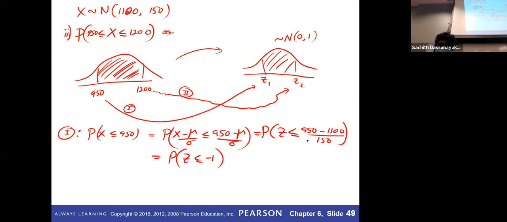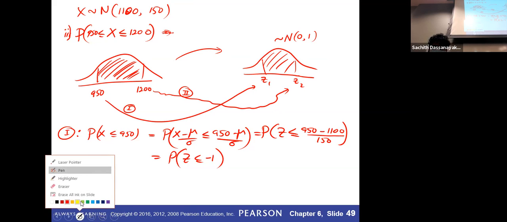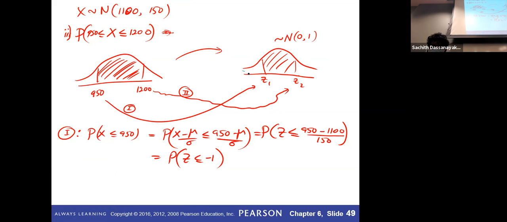Yes, it is negative. Yes, -1. So you just have to find the area less than -1, which means this area. Let's use another color. This area, blue color area.